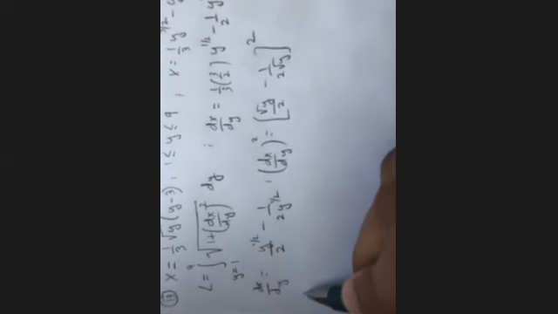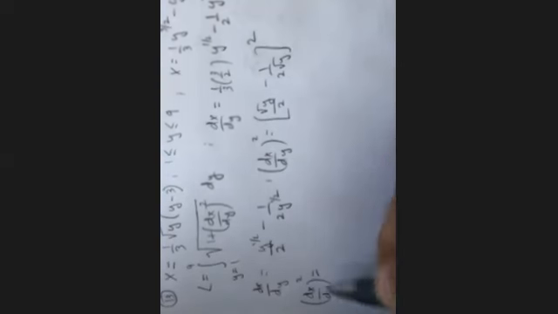So when we square it, we get, using the previous identities.